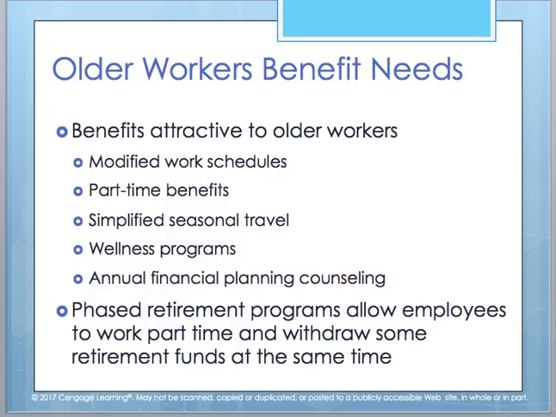And if you do phased retirement programs, which we talked about in a previous chapter, it allows your employees to work part-time and withdraw some retirement funds at the same time, so that you're helping to phase them out of the company, but keeping them engaged, but also allowing them to supplement what they're not making full-time with the use of retirement funds.